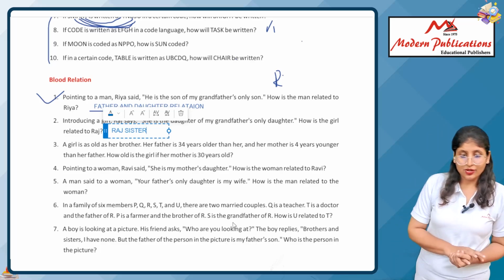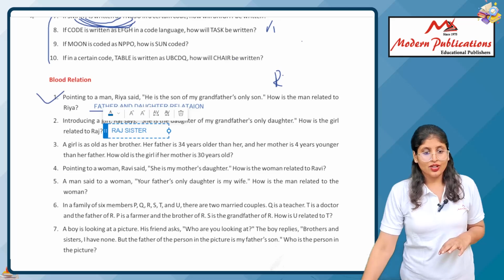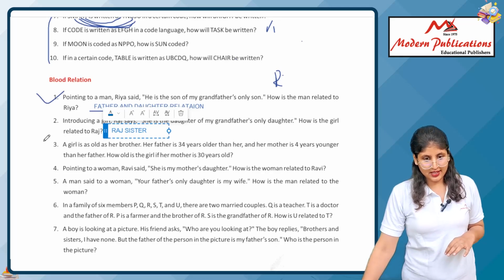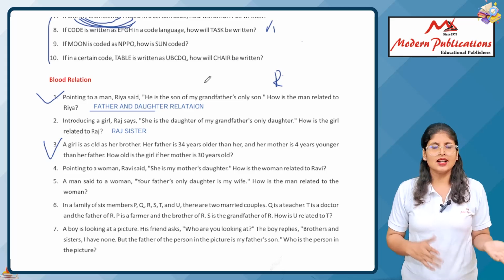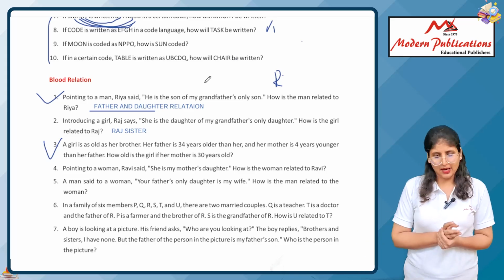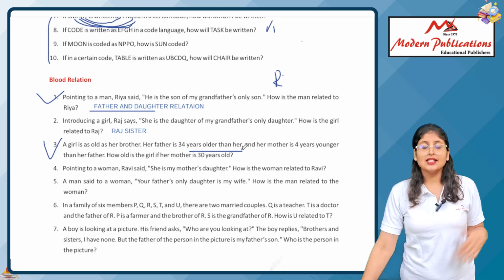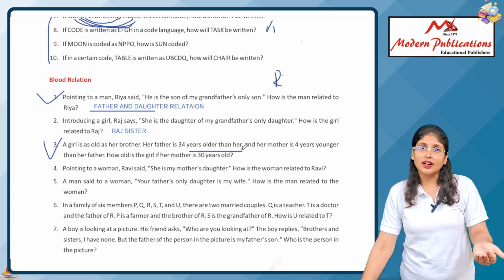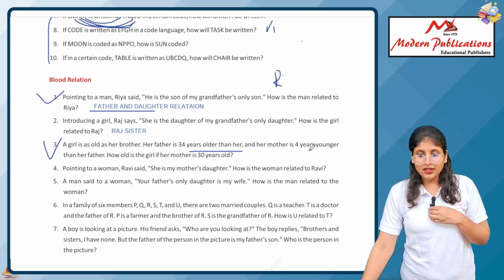Okay. So I'm thinking why the girl's age is not given. So let's see what this question tells you. A girl is as old as her brother, meaning the girl and her brother have the same age. Her father is 34 years older than her, and her mother is 4 years younger.